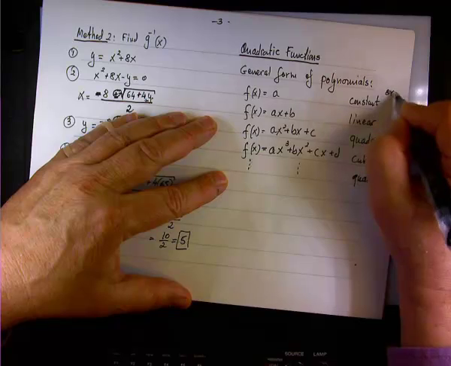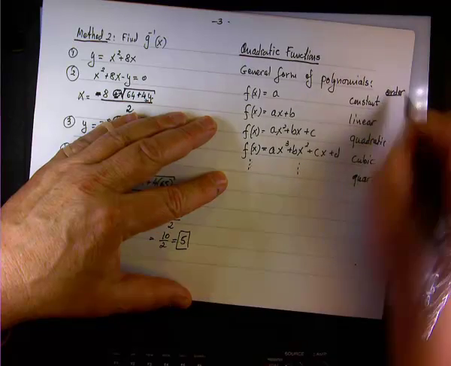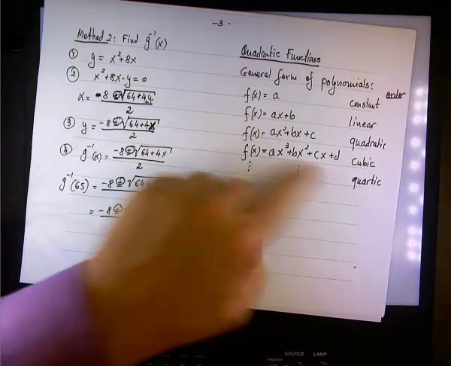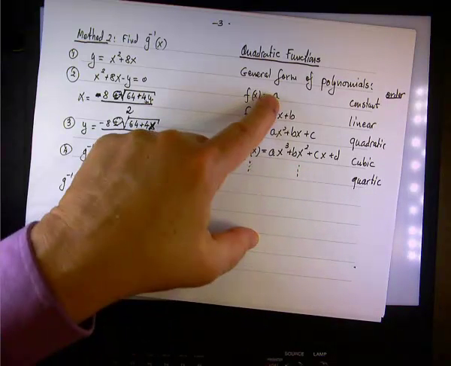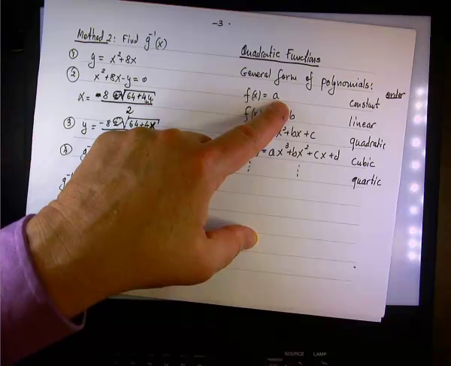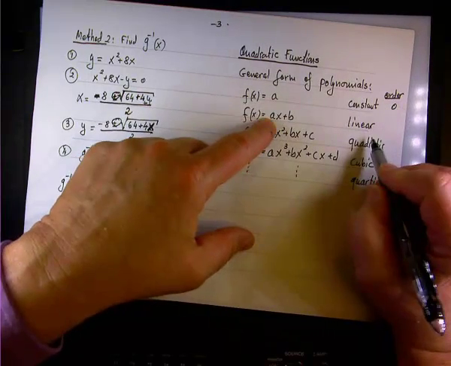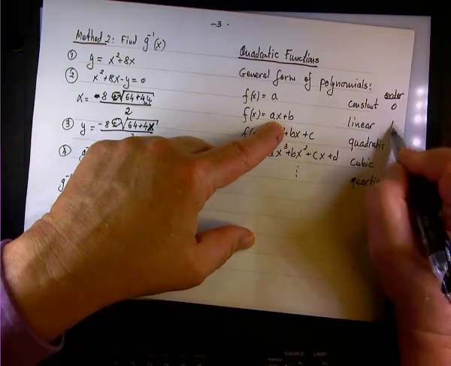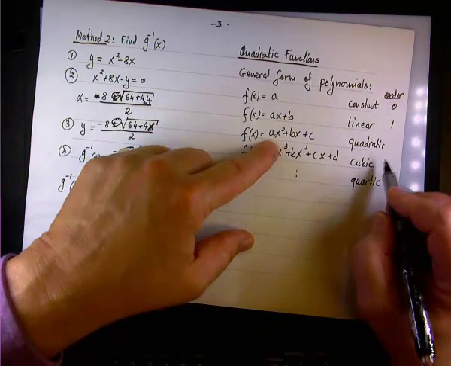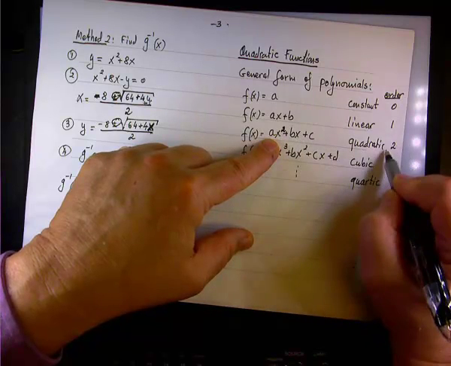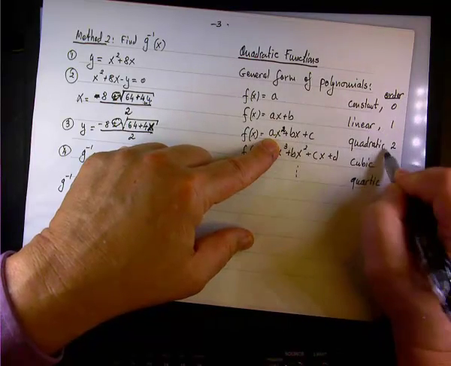So here I'll put order. Order is the power, the highest power in the polynomial. So this is the same as a times x to the power of 0. So the order will be 0. This is a times x to the power of 1. So this is first order polynomial. We have 2, so it's a second order polynomial.